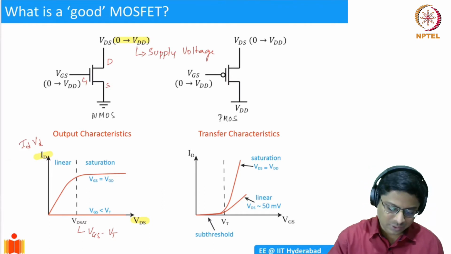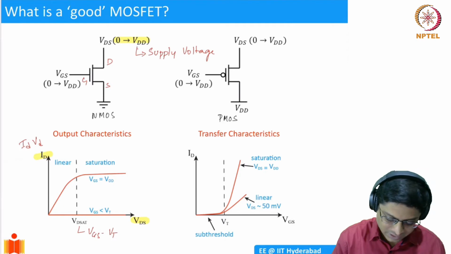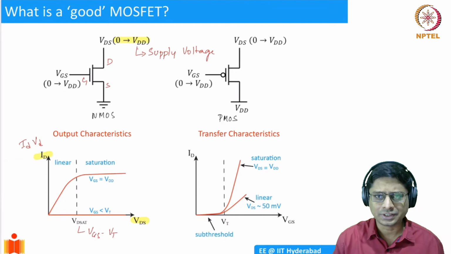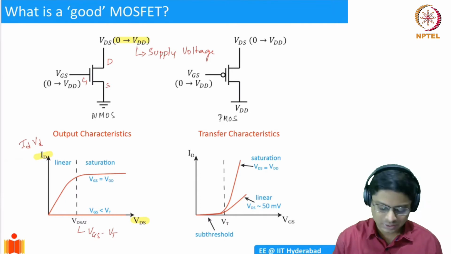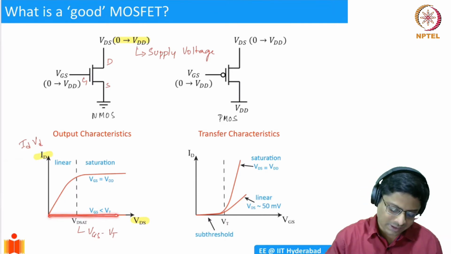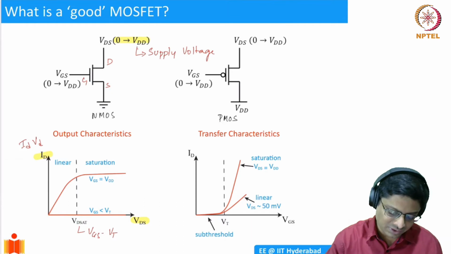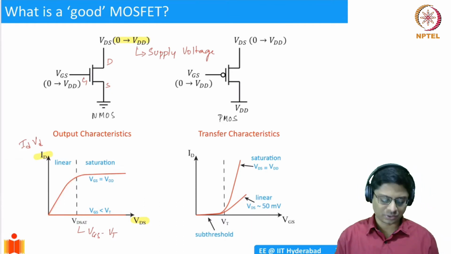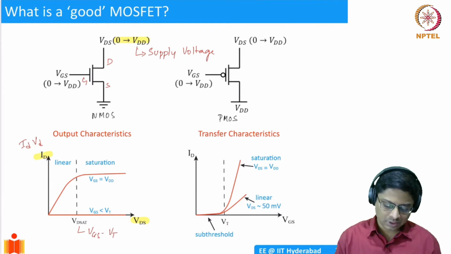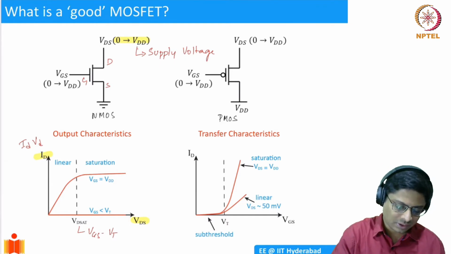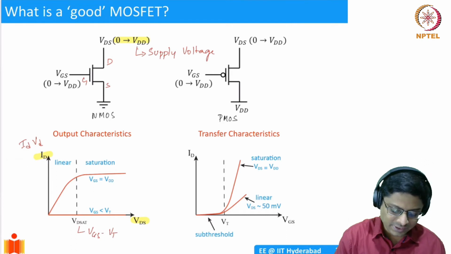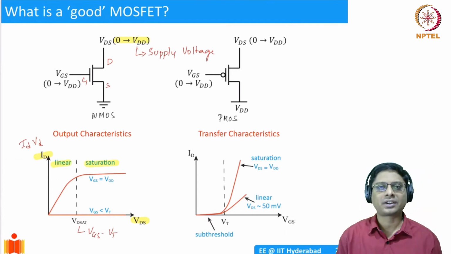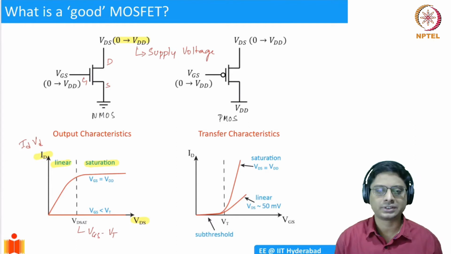I have shown here 2 particular graphs. One is when your gate voltage is less than VT, we don't expect current, right? The transistor is off. But if you increase and choose VGS equal to VDD, you get a saturating current characteristic, which is shown here. It's important to note that on the left of VD-SAT, it is the linear regime. On the right, it is the saturation regime. This is one type of characteristic which we call output characteristics.